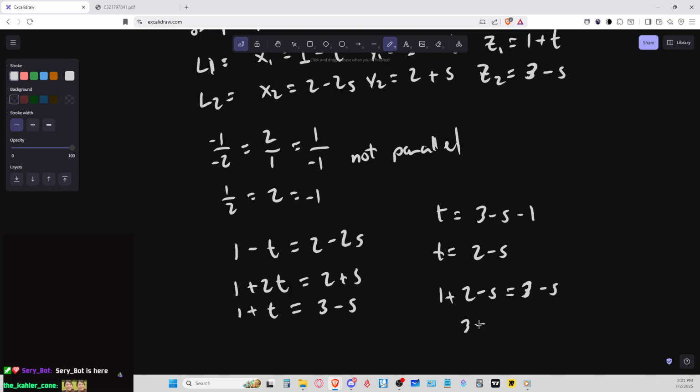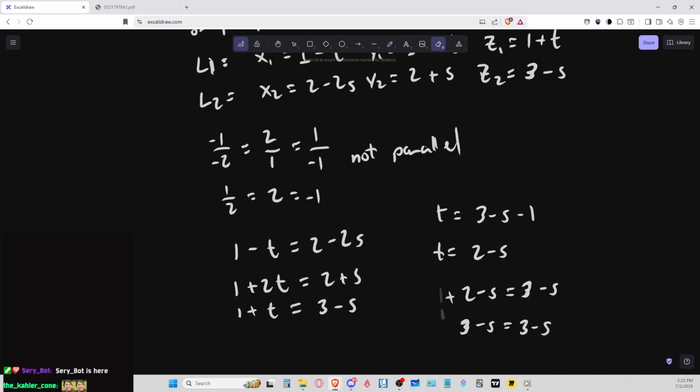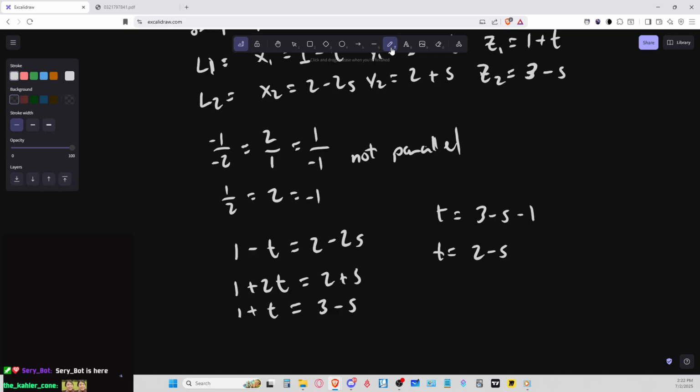Now we have, oh. I mean, maybe that was a bad idea. Maybe we should test it on another equation. Okay, so we have two, so let's do it on the first one, so that way we can at least get s equal to something.